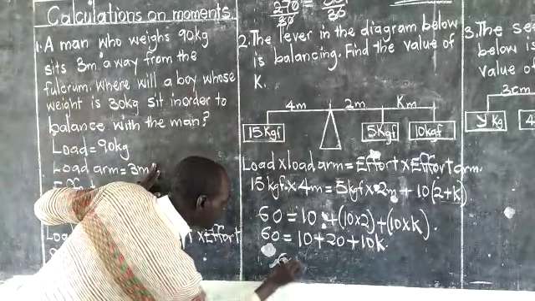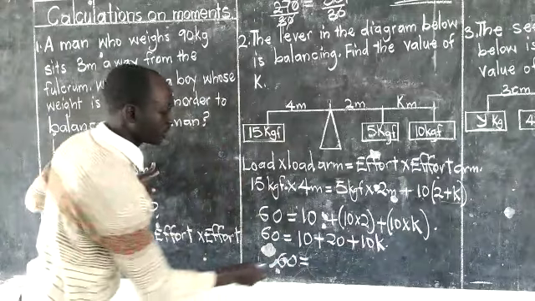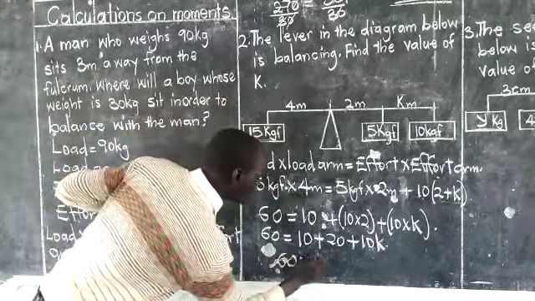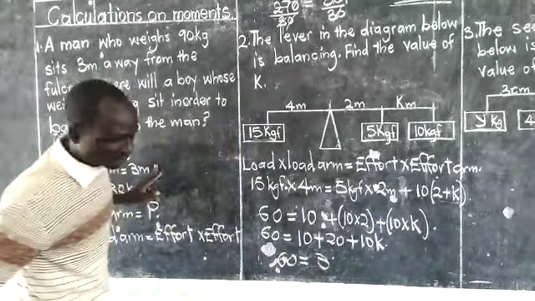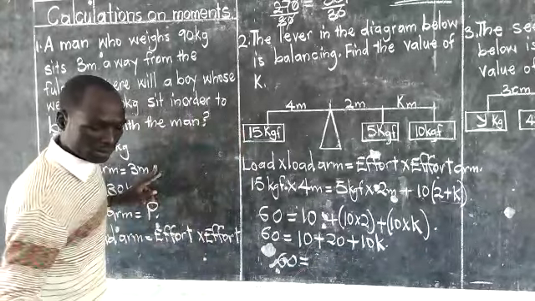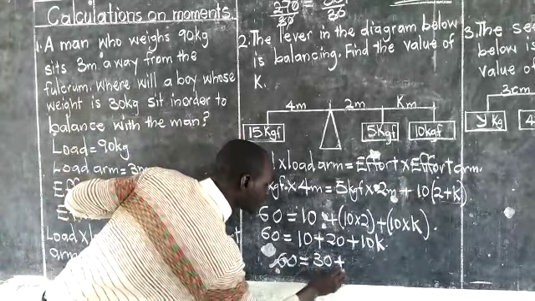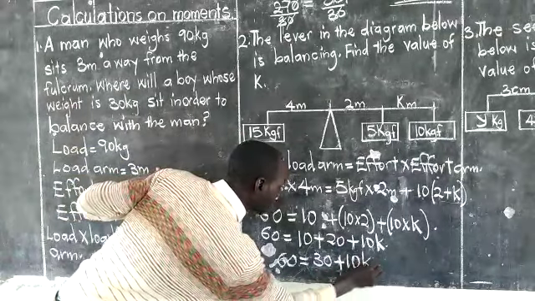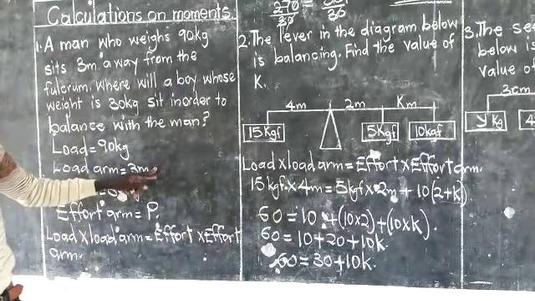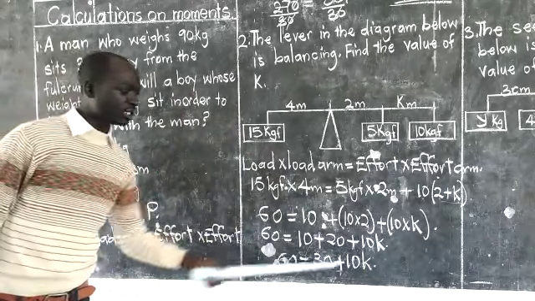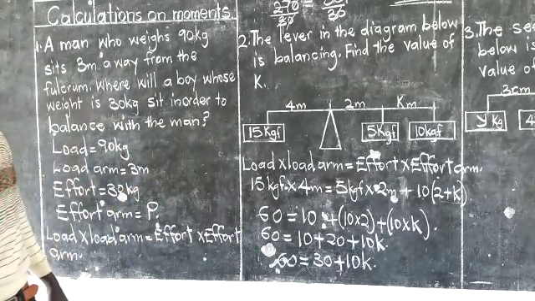Still you will say 60 should equal this 10 plus 20 gives you 30 plus 10k.